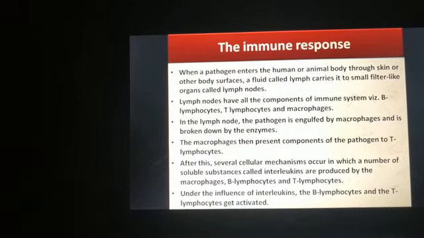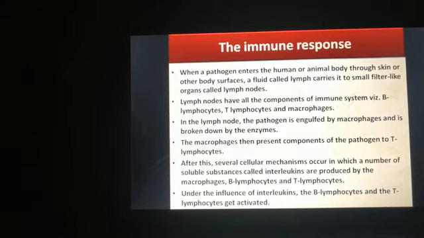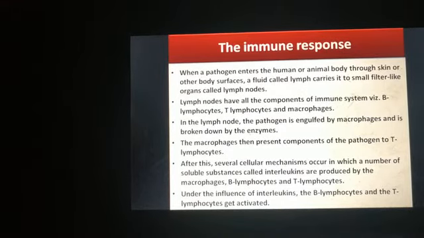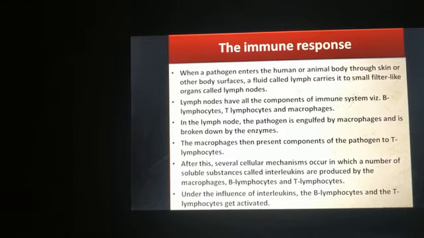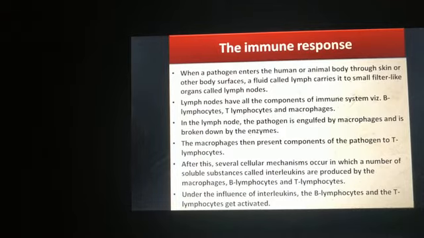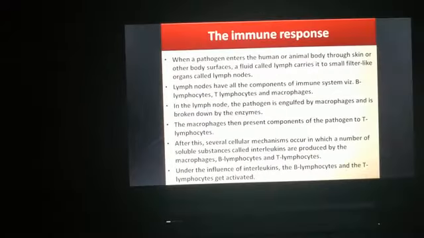When a pathogen enters the human or animal body, it can enter through the skin or through other body surfaces. A fluid called lymph carries it to small filter-like organs called lymph nodes.